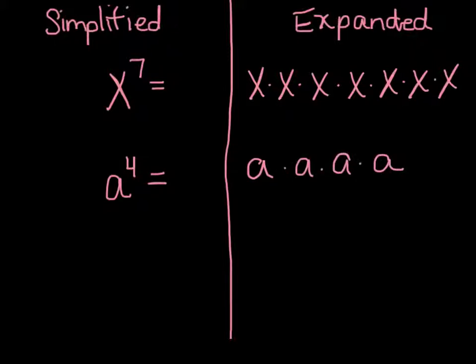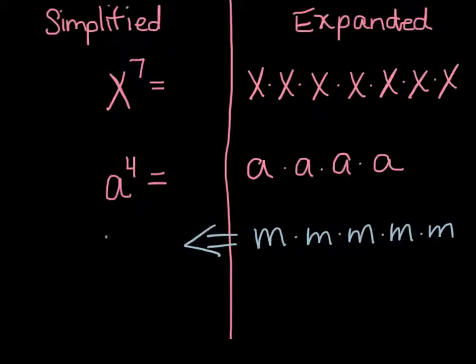Now what if I gave you an example in expanded form and asked you to simplify? So if I had m times m times m times m times m, that's expanded form. I want you to write it in simplest form. I have 1, 2, 3, 4, 5 m's.